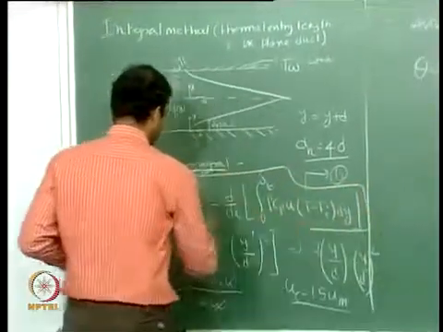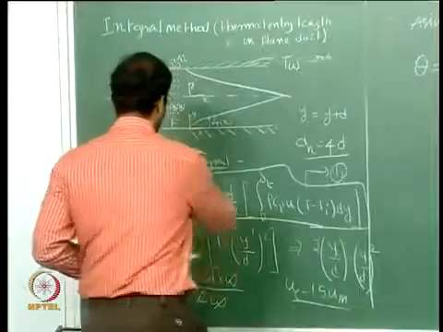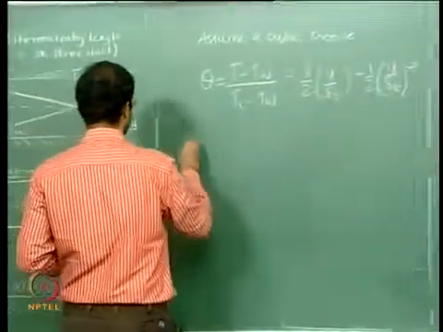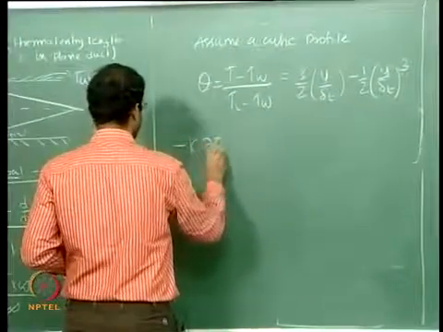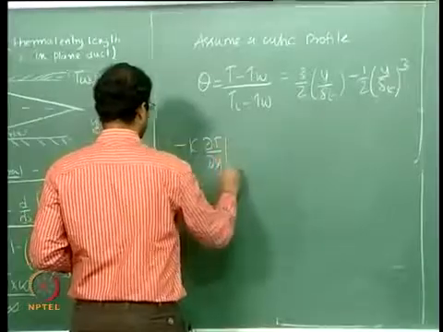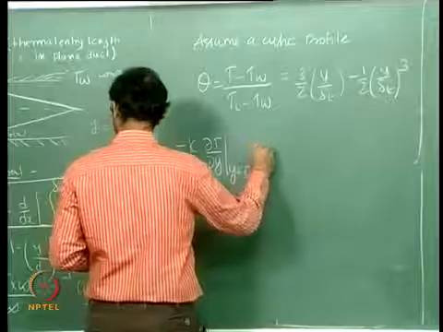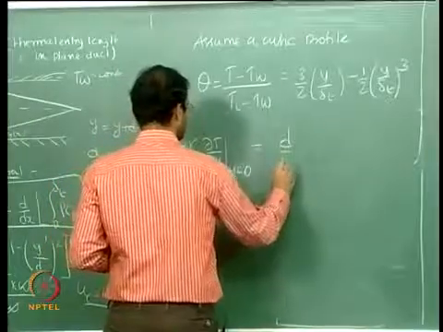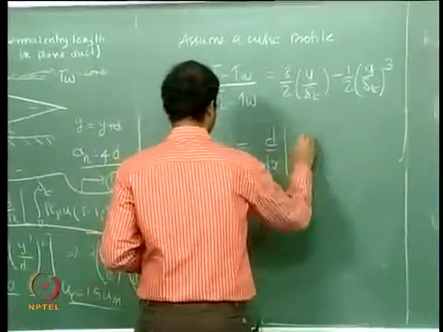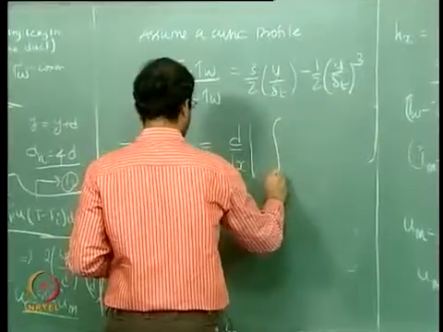This can be rewritten. So your q wall can be written as minus k dT by dy at y equal to 0, and that is equal to d by dx of the integral from 0 to delta t.